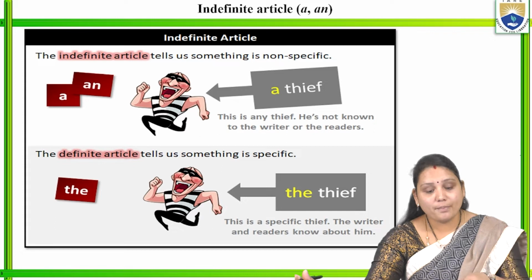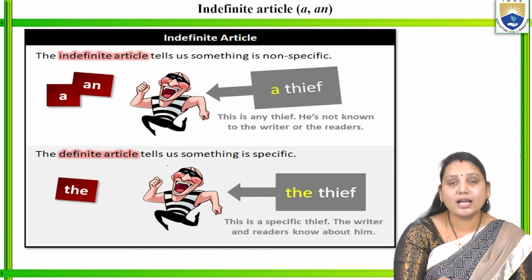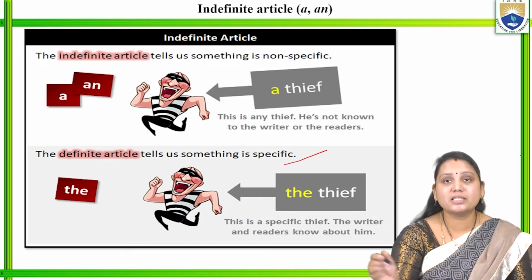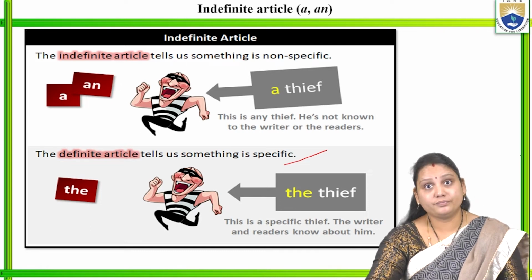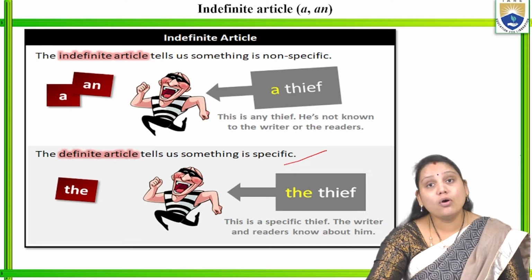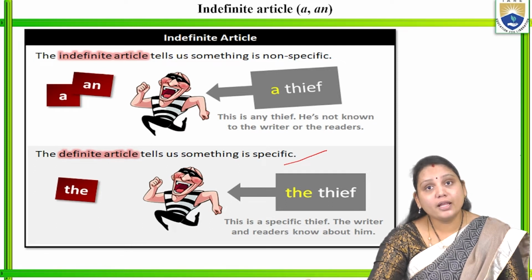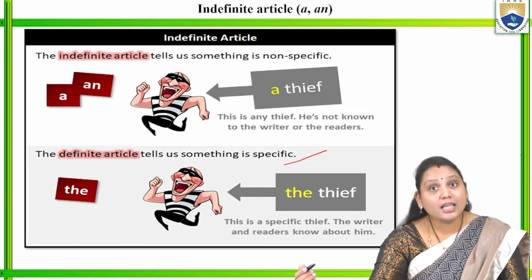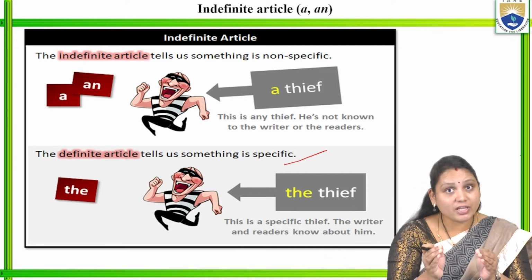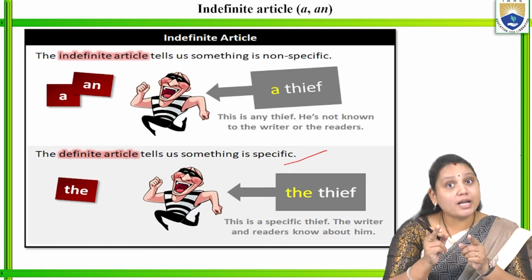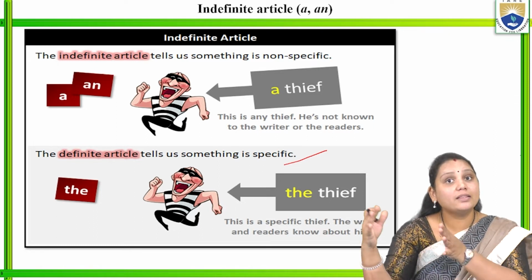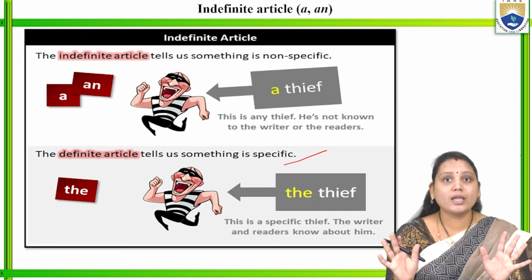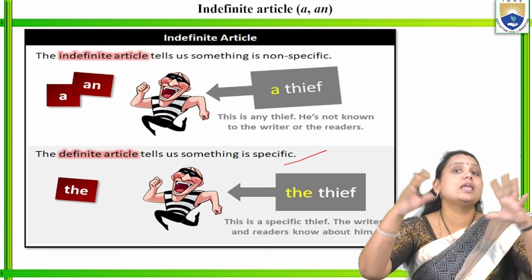We don't know. But in the next, the definite article tells us something specific. The thief who committed robbery in the next house was caught. That means specifically we are telling that the person who has committed the robbery in the next house was caught. We are not talking here about any thief.